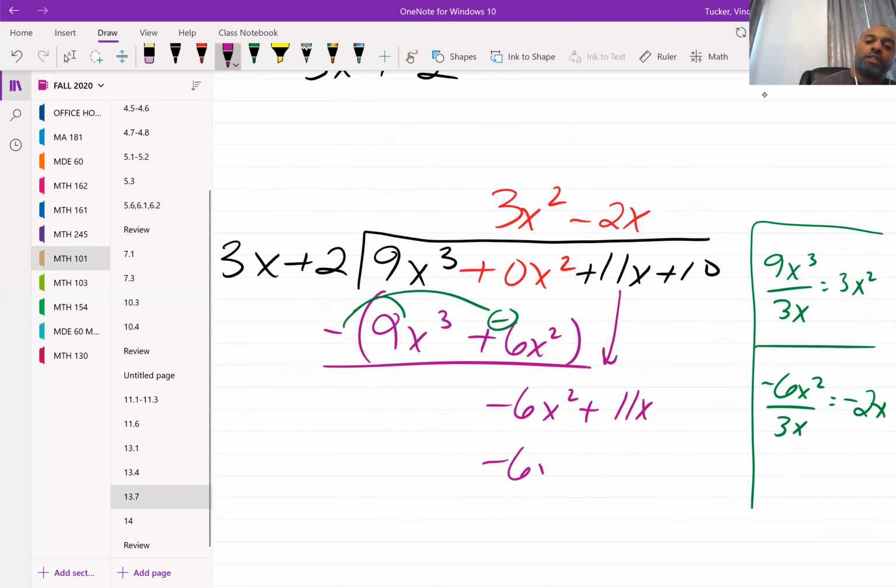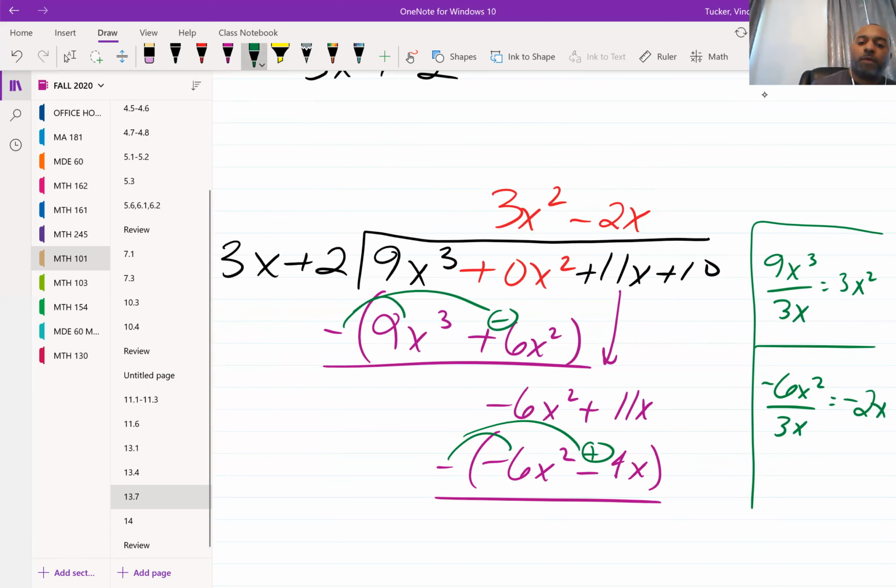So it's negative 6x squared minus 4x. These cancel for us. So that'd be 11 plus 4, which is 15x. Bring down your 10.